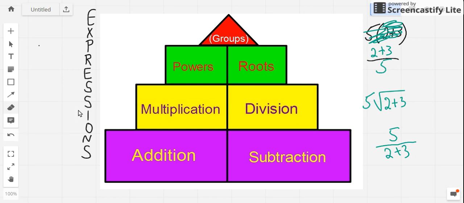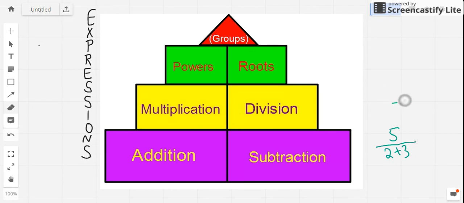Let me try to make sure I pick a decent one. Let me erase all this junk. All right, here we are. Let me try to.